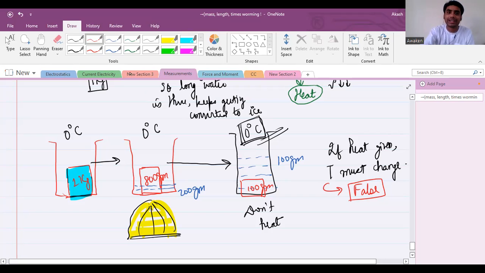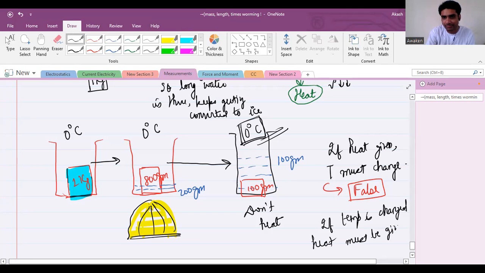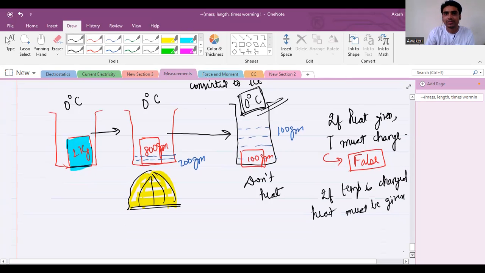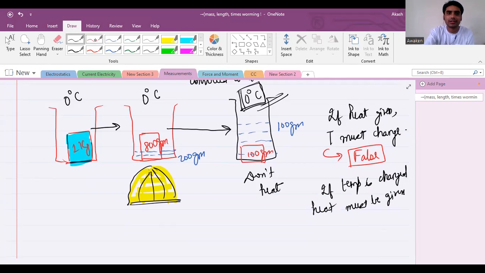If temperature is changed, heat must be given. True or false? False. Why?